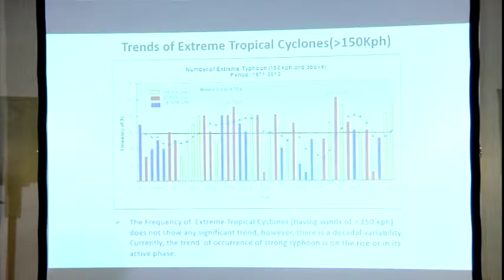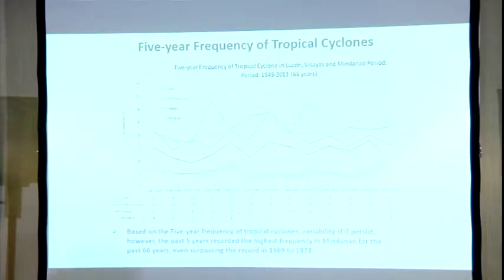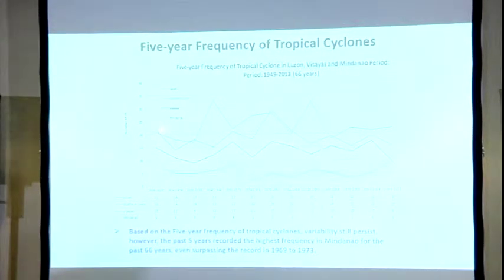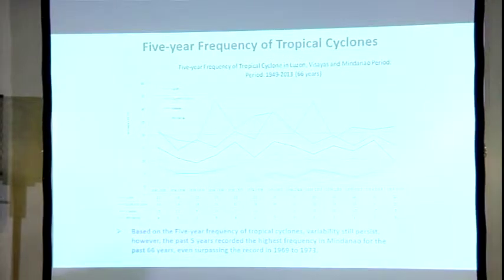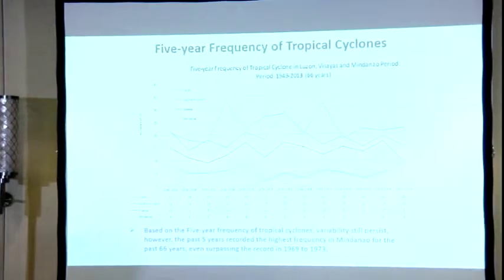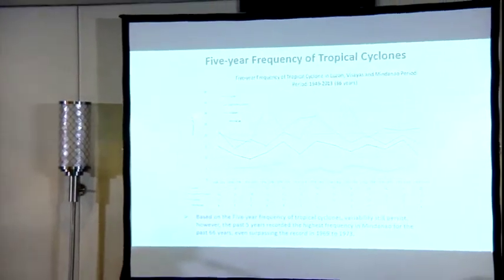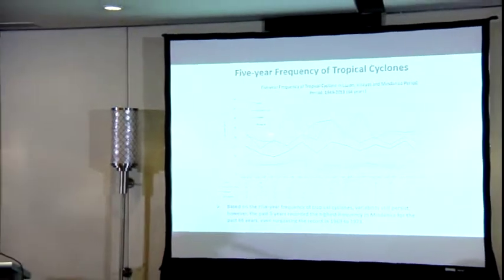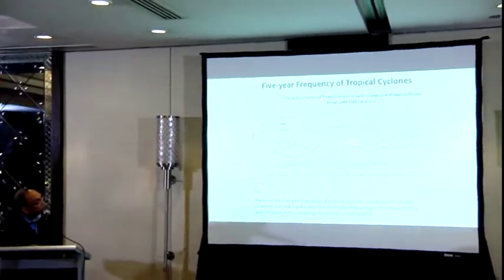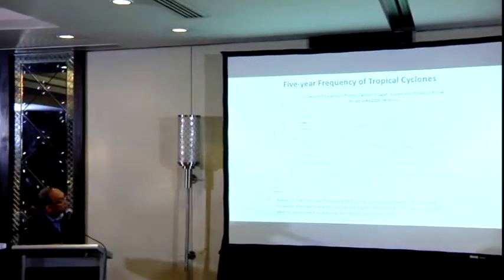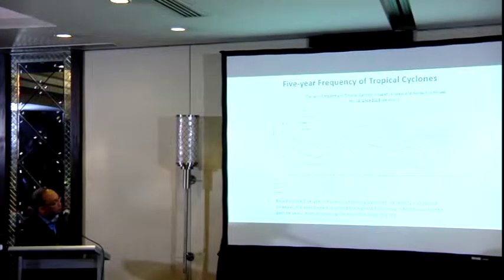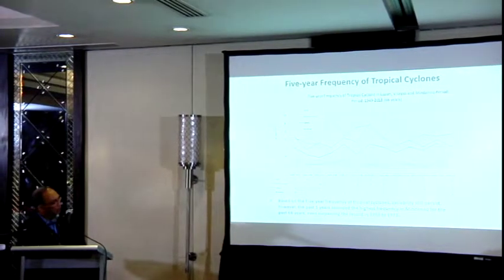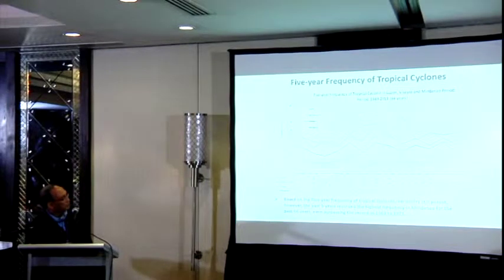Next slide, please. So this is a five-year frequency of tropical cyclone for Luzon, Southern Luzon, Visayas, Mindanao. Pag sinabi natin Southern Luzon, yan po yung Bicol region. So what we are seeing is that there are not much tropical cyclone in the last 5 to 15 years, but there is an increase in tropical cyclone over Mindanao.